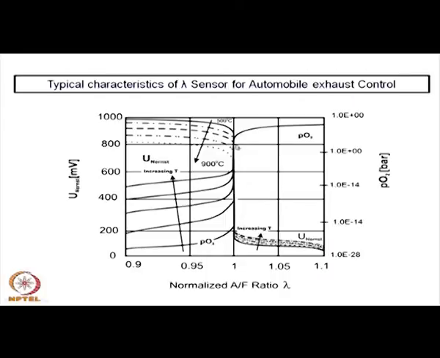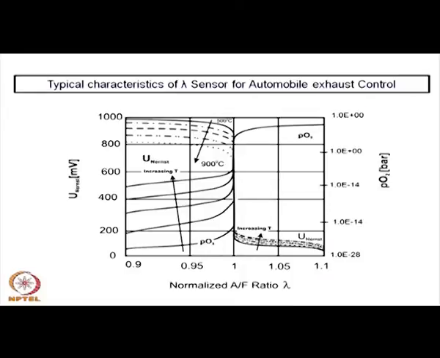On the other side, you can see the PO2, which is increasing in this fashion, and the EMF is plotted here. The EMF is very low in this region, whereas it is very high on this side. The reference PO2 is again air.